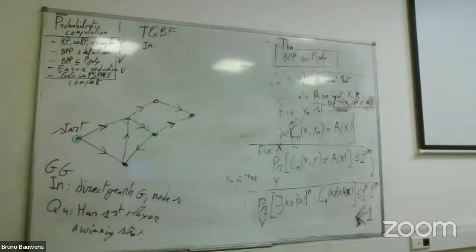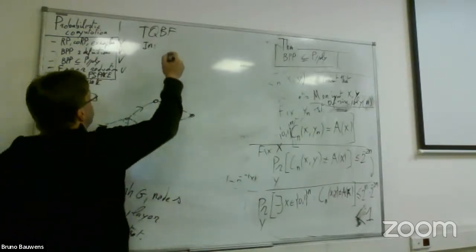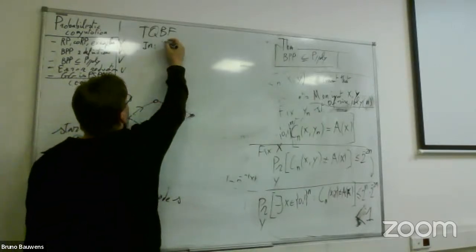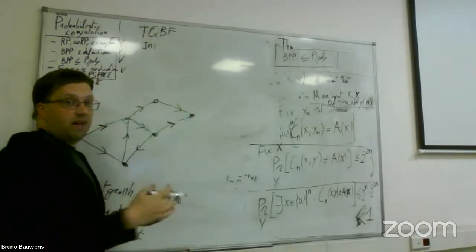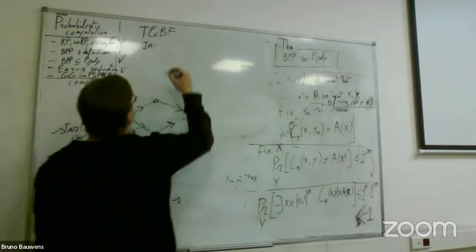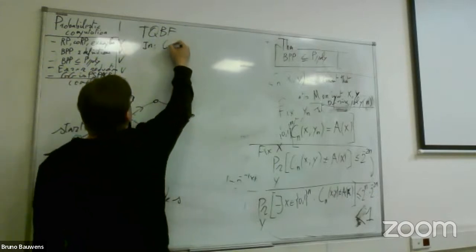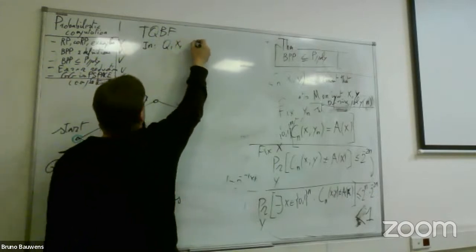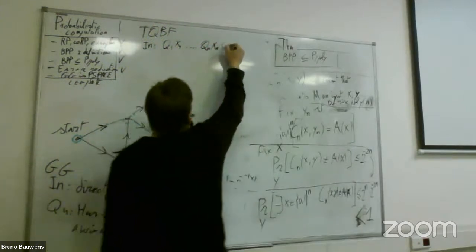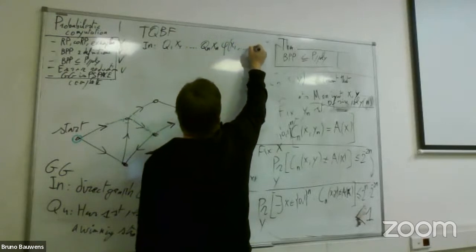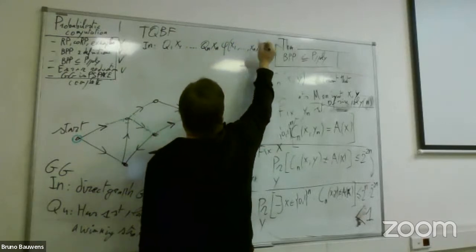Okay, so now let's recall TQBF. We get a Boolean formula with quantifiers for all variables, so we get Q1 X1, ..., Qn Xn, and then phi of X1 through Xn.